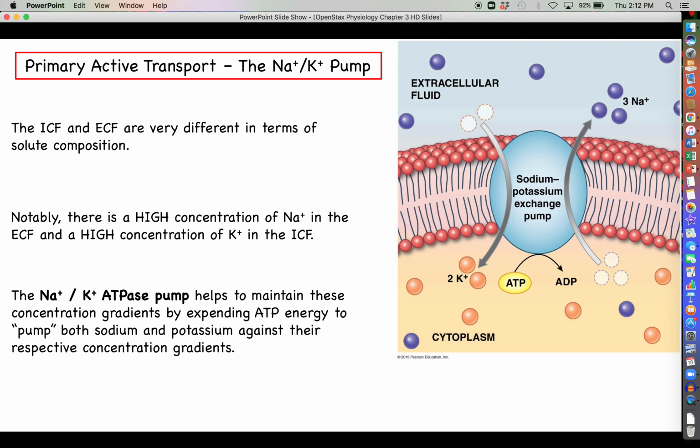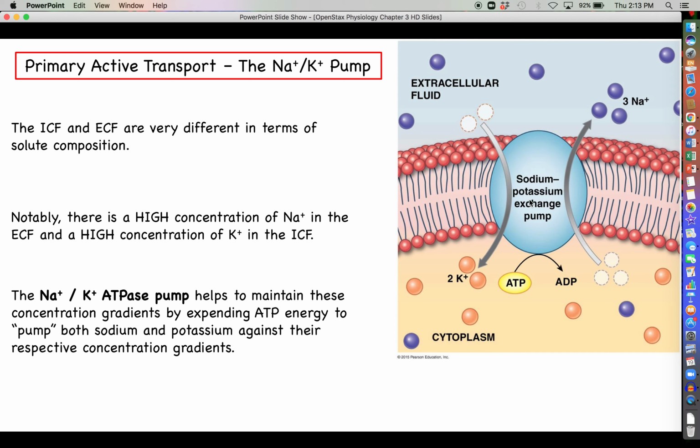At this point, we already understand pretty well that ATP is a very useful and common form of energy for cells. So this is just a case of trying to move both sodium and potassium at the same time against their own respective concentration gradients. And the cost that we have to pay to do that is a molecule of ATP.